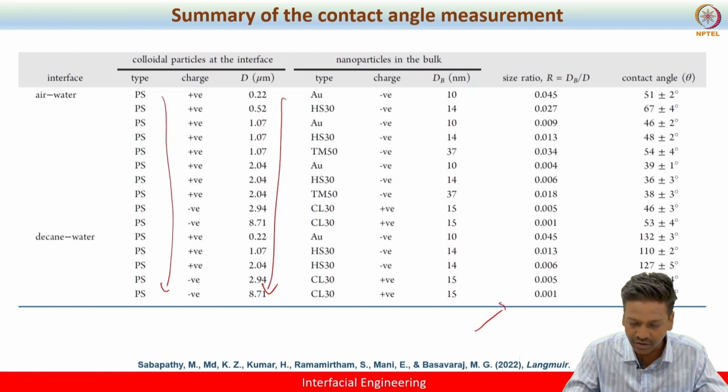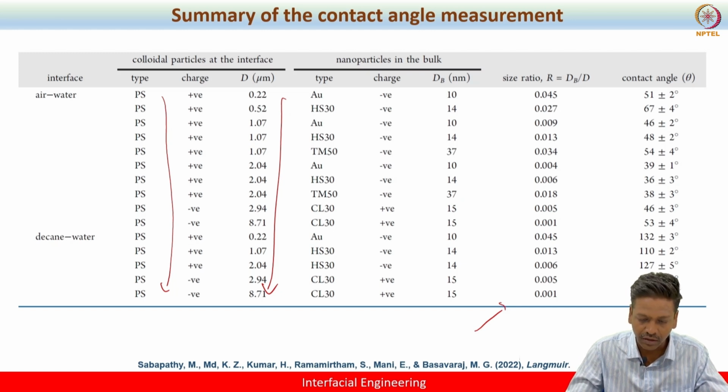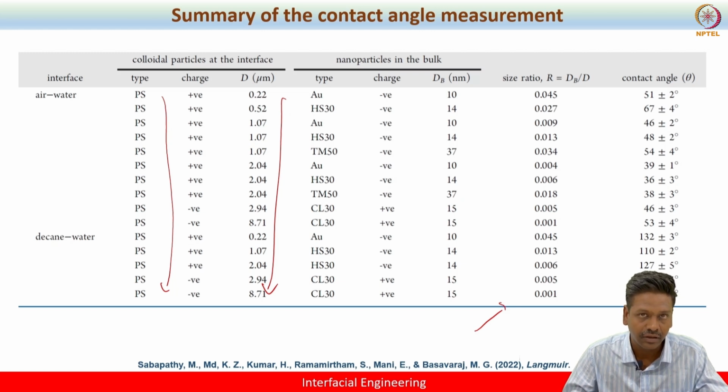So what we understand from this summary is that the smaller the nanoparticle size, the better the accuracy of the contact angle. Which means that if you measure the ratio dB by D, the nanoparticle diameter in the bulk over the diameter of the particle of our interest, right?